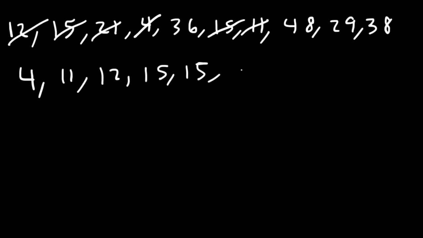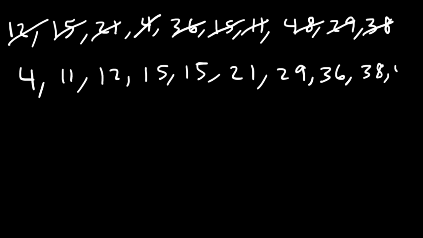Next, we have 21, 29, 36, and then 38 and 48. Now let's calculate the mode. 15 is the number that appears most frequently, so the mode is going to be 15.